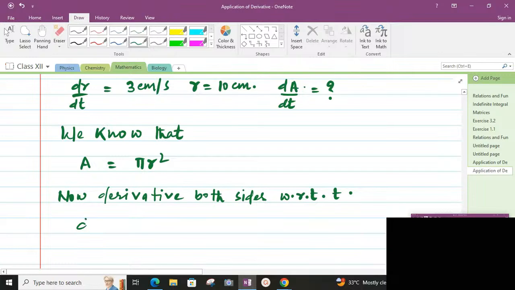Then here will be dA by dt equal to 2 pi r into dr by dt.